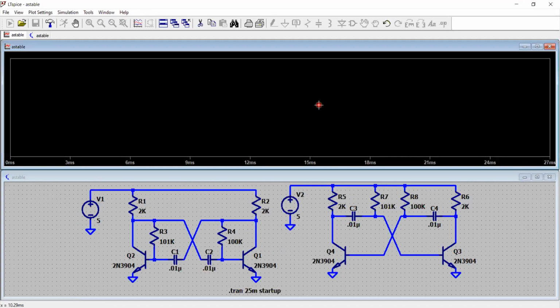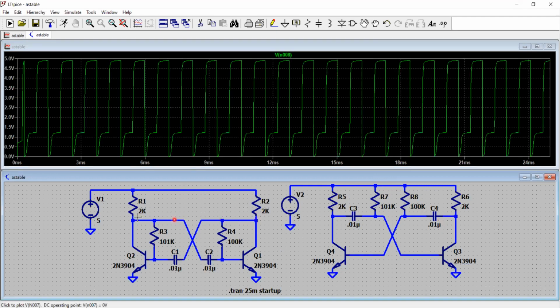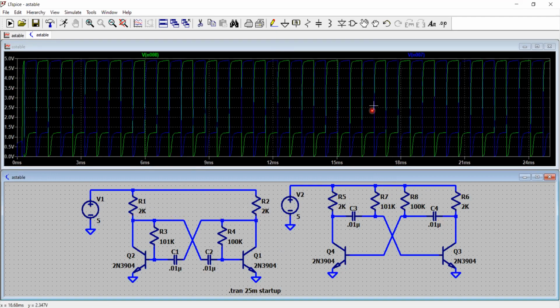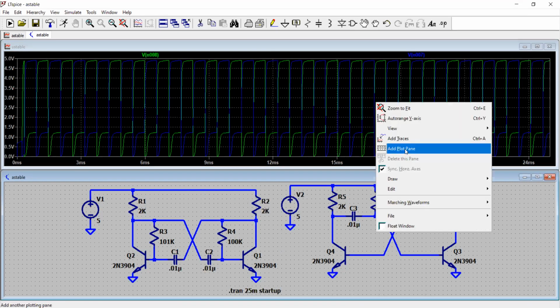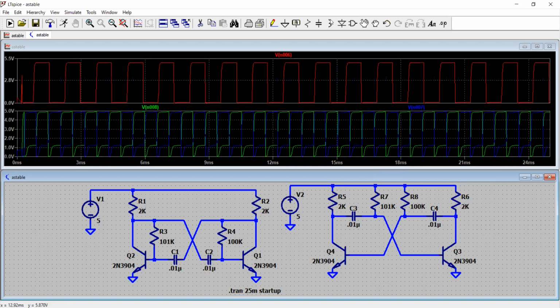After simulation, you can now see the waveforms for the first part, both sides. And this we have seen. Now I will right click, add plot pane, and look at the waveforms for the right side circuit. So I click here and I have a smooth square waveform generation, and the collector of Q4 also gives a smooth waveform.